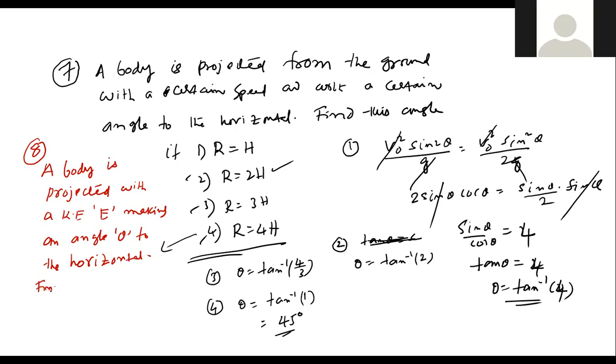Find its 1, kinetic energy, and 2, potential energy at the topmost point of the path.